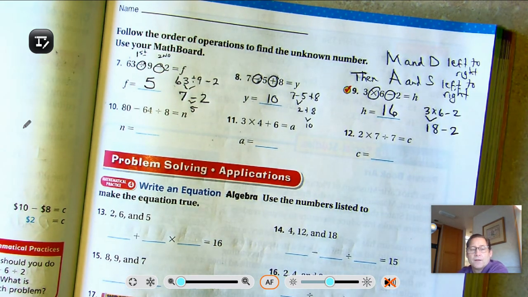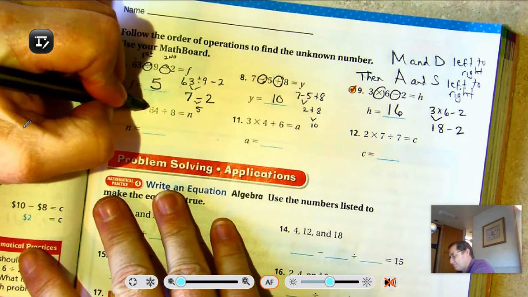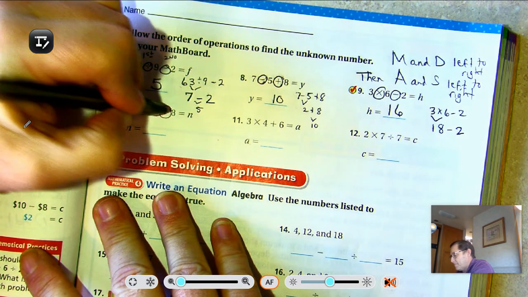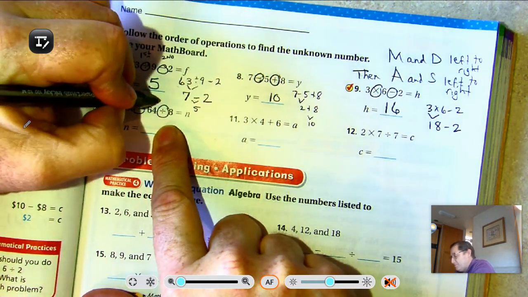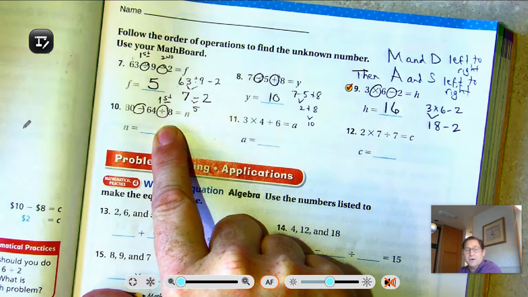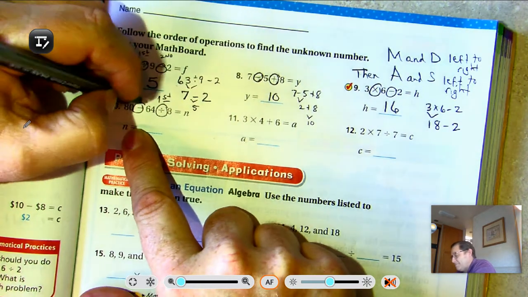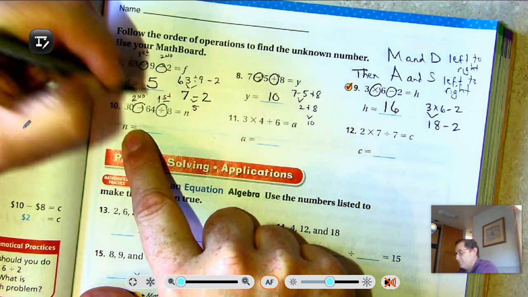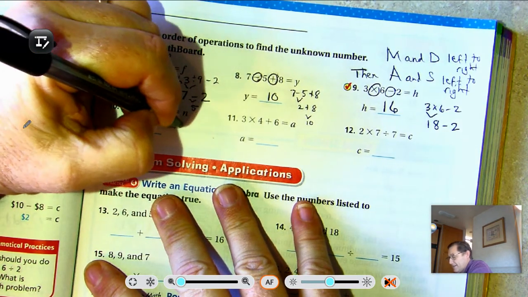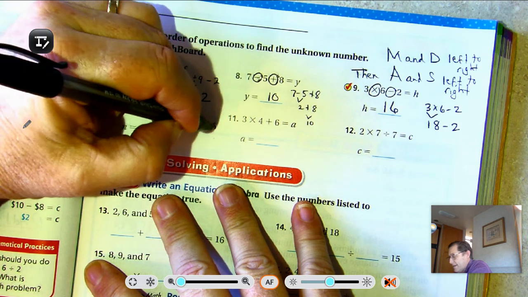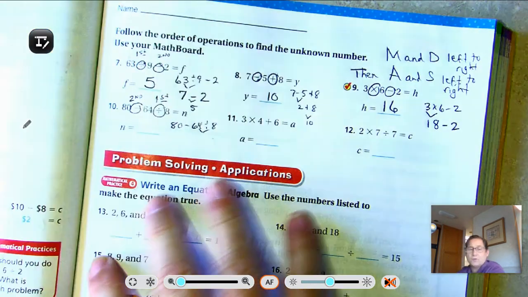All right, number 10, we have subtraction and division. Division is above addition and subtraction, so first we're going to divide. 80 take away 64, divide by 8. 64 divided by 8.